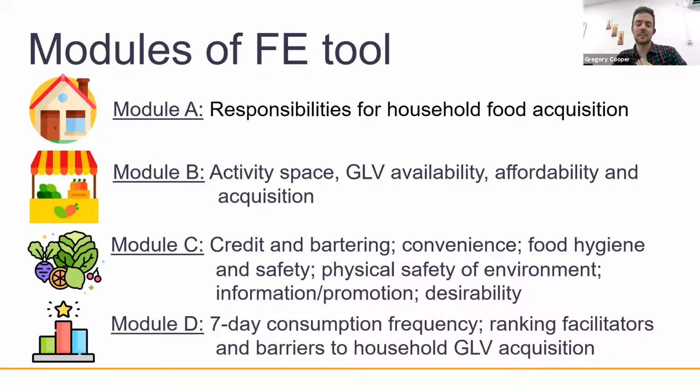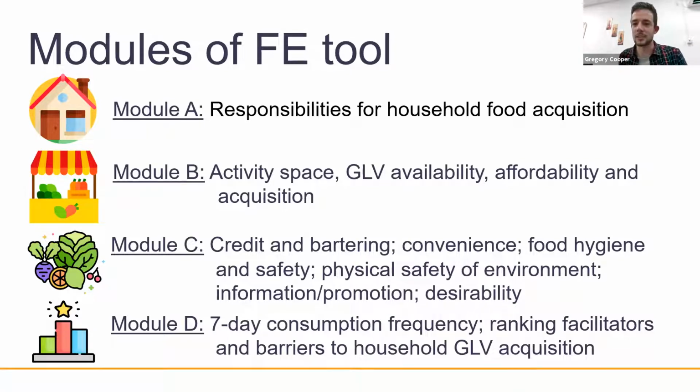And then lastly, we have a new module which we only added about a month ago. We ask the participant to explicitly rank the different reasons why they go about acquiring GLVs. There are currently 8 or 9 different reasons, I think it's 8, and each of these comes from the different domains in the previous module.